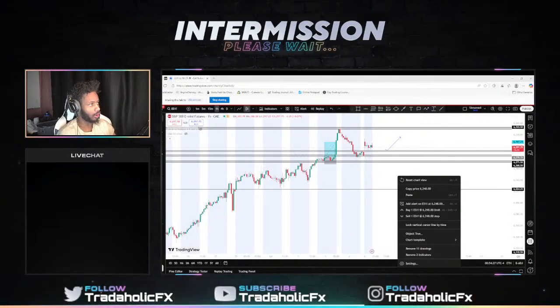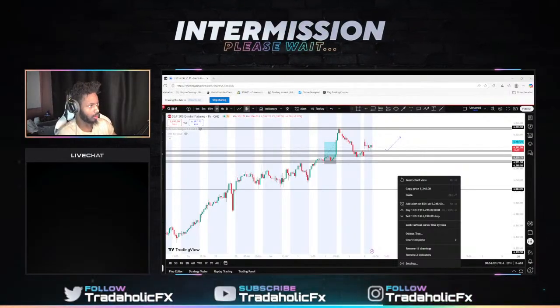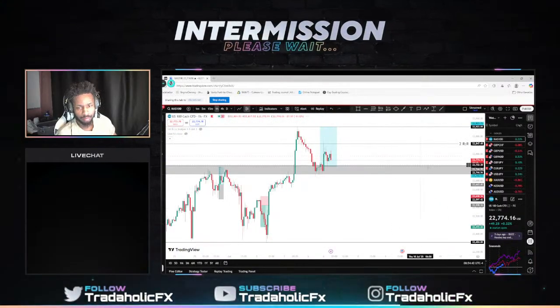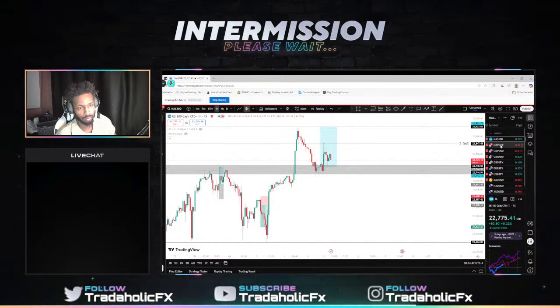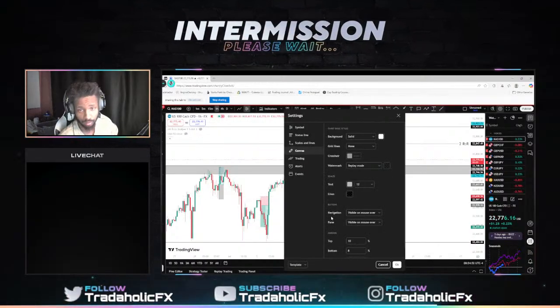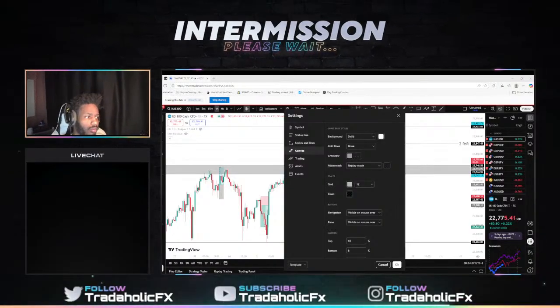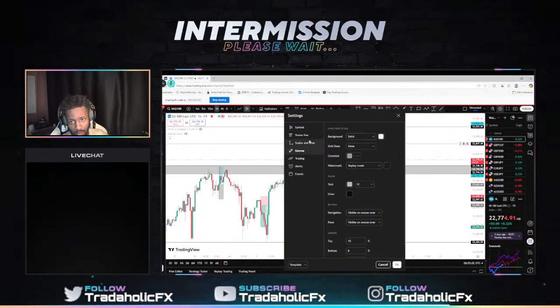Now let's open up TradingView on my other monitor. See if that still looks blue, bro. Why does that look blue? Canvas, not canvas, symbols.